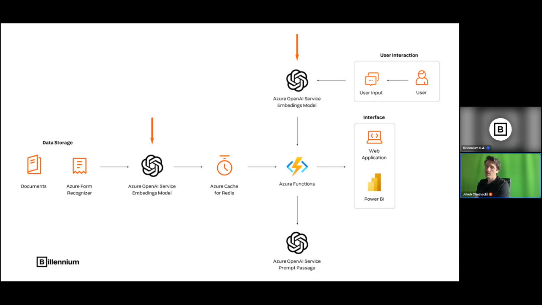The most related documents will be retrieved from our database and put into the OpenAI service prompt passage on the bottom, and our system will perform certain operations given those documents. For instance, it will summarize or create a new document based on our previously fetched ones, or will perform some action that we ask it for. And at the end, we can put the output into our web application or any other place that we would like to source to our user.